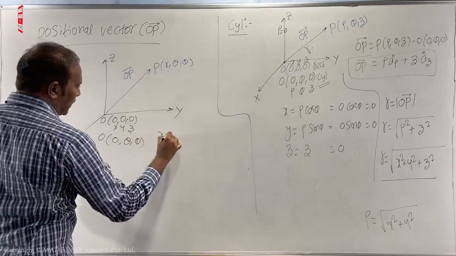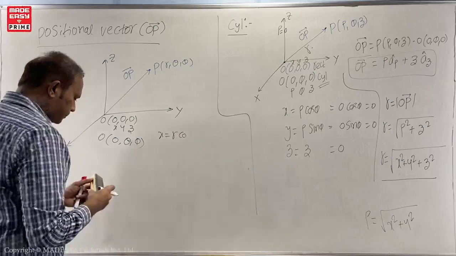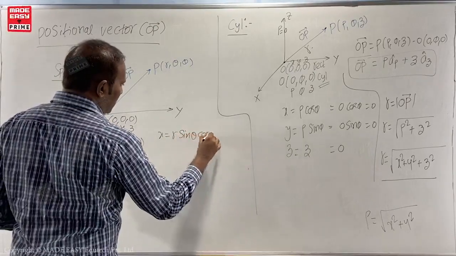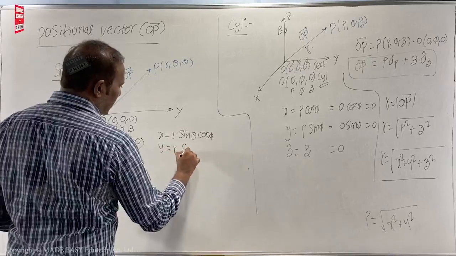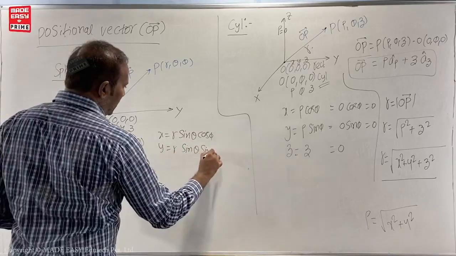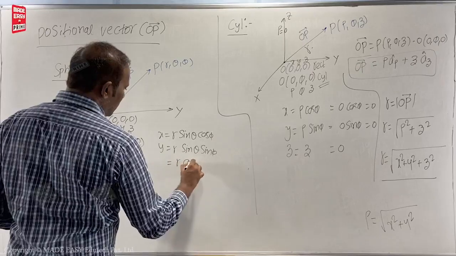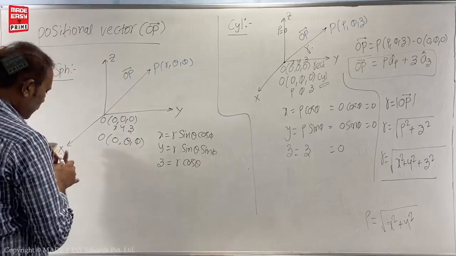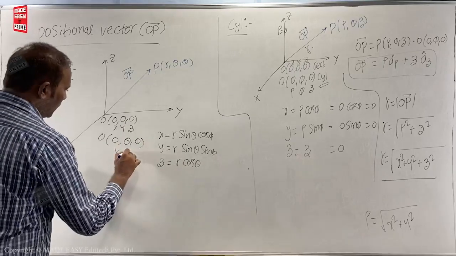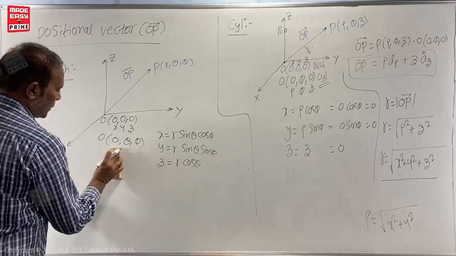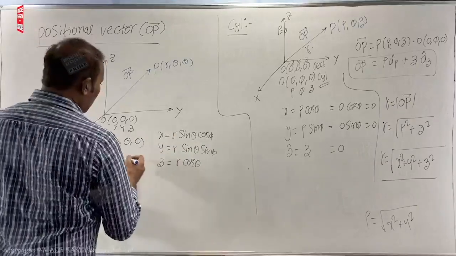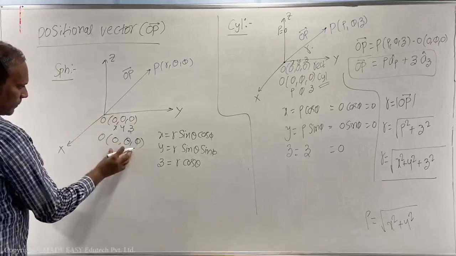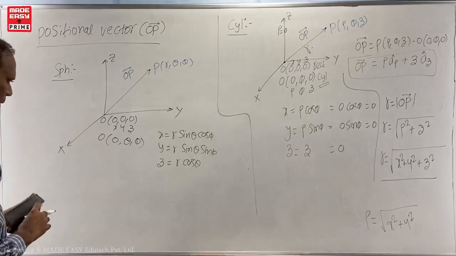because you know that x is equal to r sin theta cos phi, y is equal to r sin theta sin phi, and z is equal to r cos theta. So if radius is 0 here, so this is actually r theta phi. So if radius is 0, then all are 0 here. That means this is origin in rectangular system, this is origin in the spherical system.